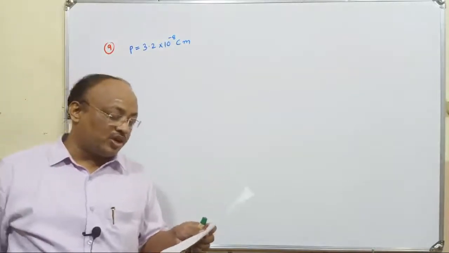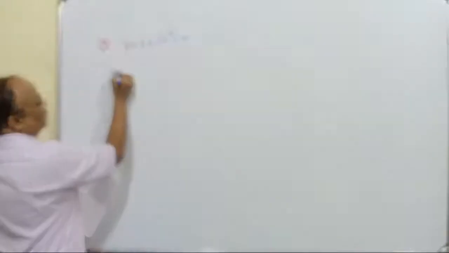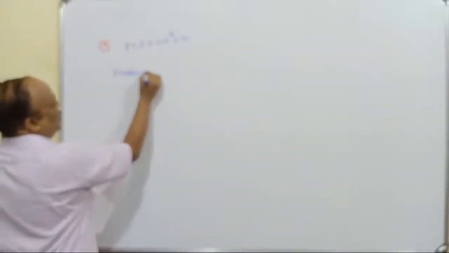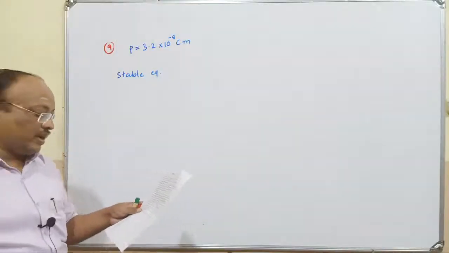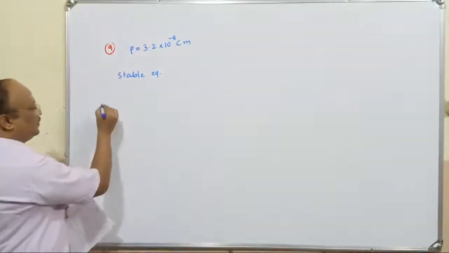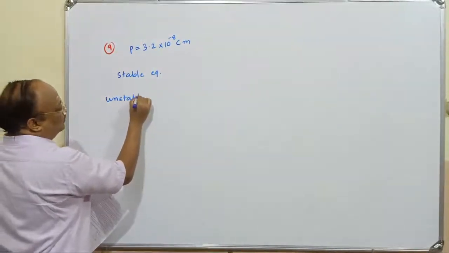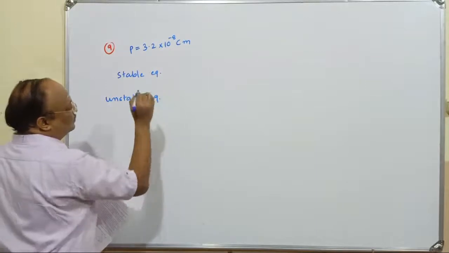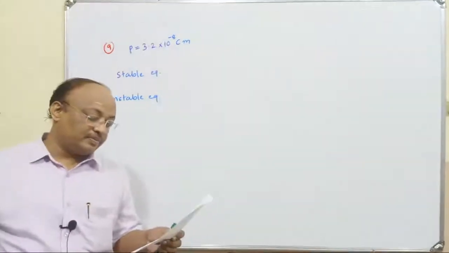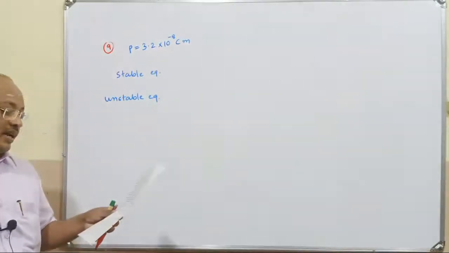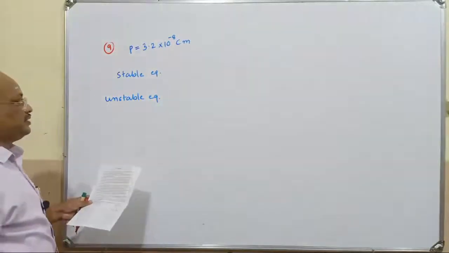from its position of stable equilibrium to the position of unstable equilibrium in a uniform electric field.